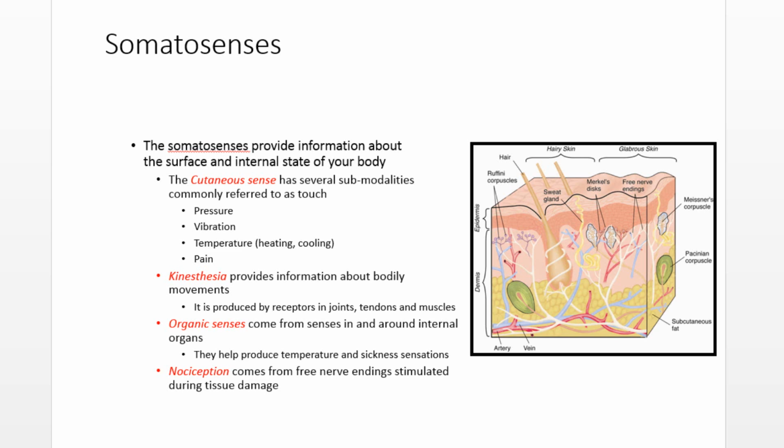Kinesthesia, however, is related to information about where your bodily movements are. So if you're in a completely dark room or if you're blindfolded, you can get an idea of where your limbs are in 3 dimensions by just feel. Kinesthesia is the sense of feeling where your limbs are, largely based on the stretching of your muscles and your tendons.